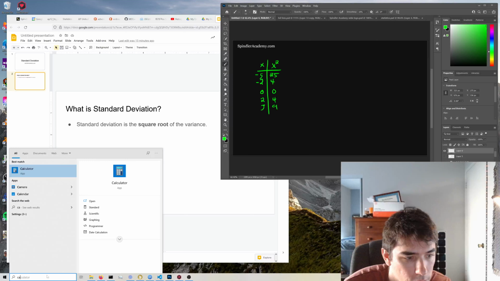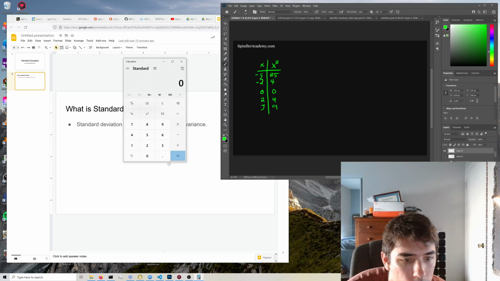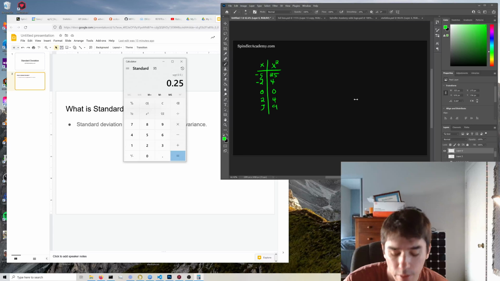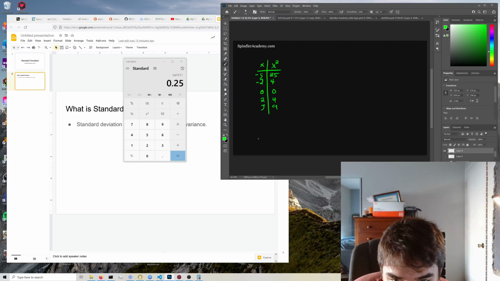Let's do calculator. So if I go 0.5 and then square it, it's 1/4. Because 0.5 is equal to 1/2.